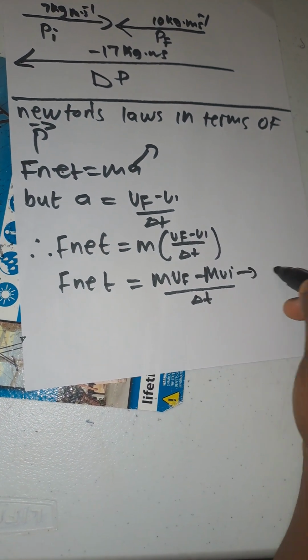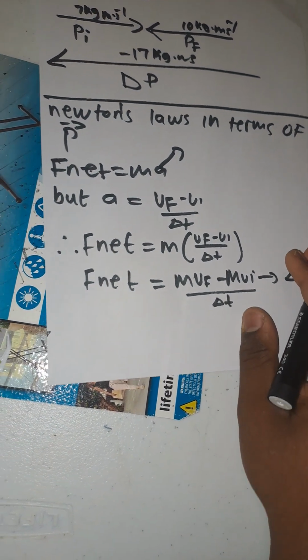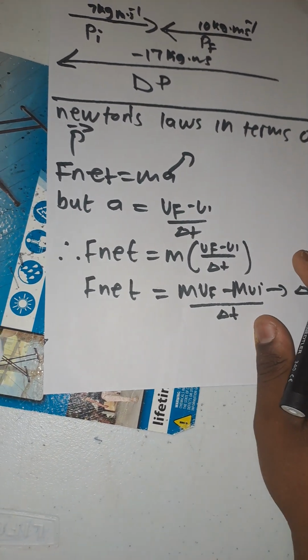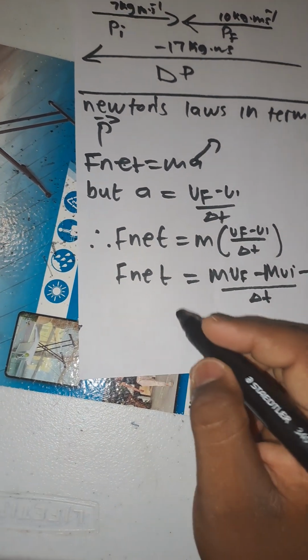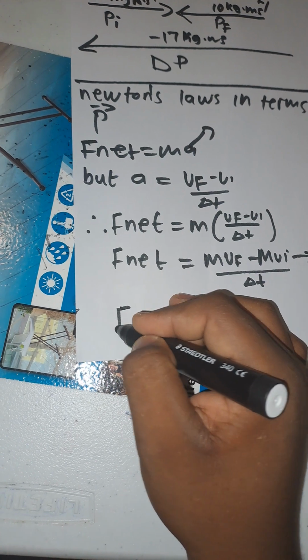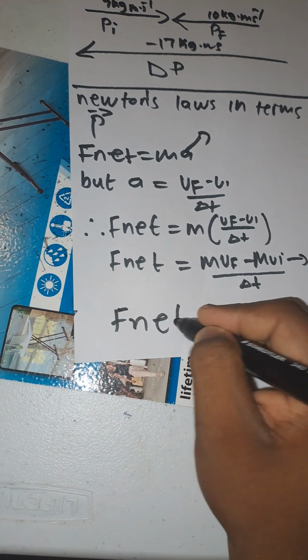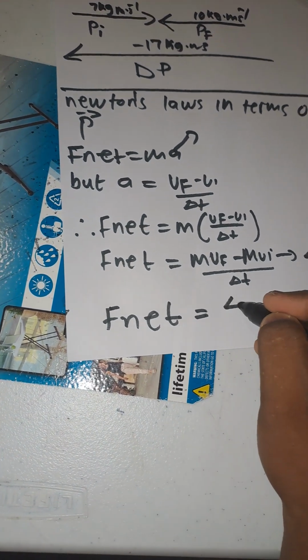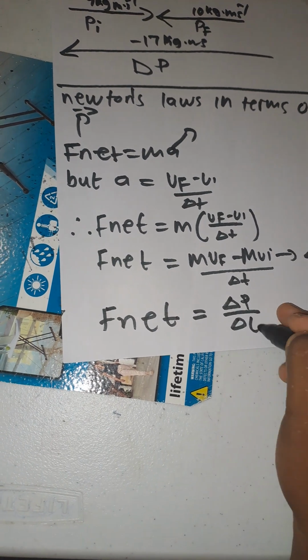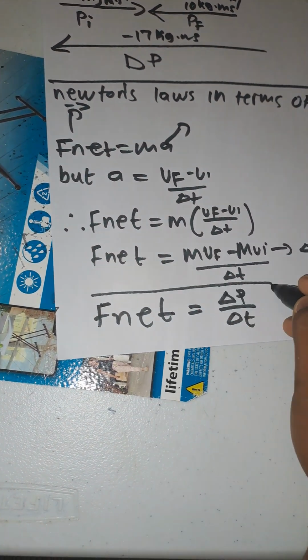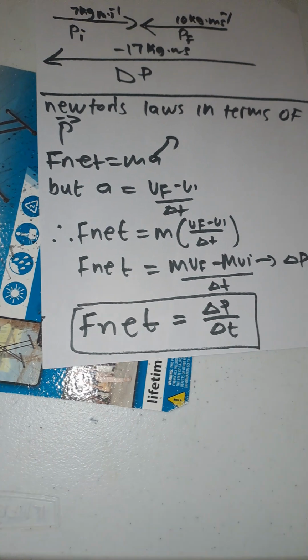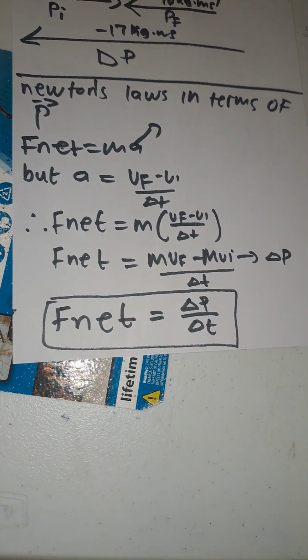Remember, mvf minus mvi is what? Delta p. It represents delta p. Then I'm gonna say F net is equal to delta p over delta t. We are now done with our theorem. We have proved it.